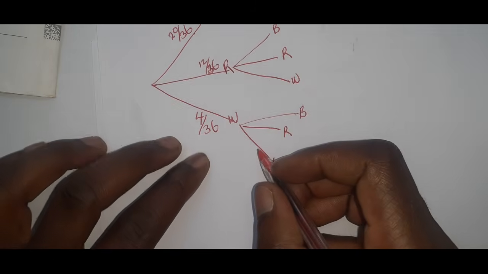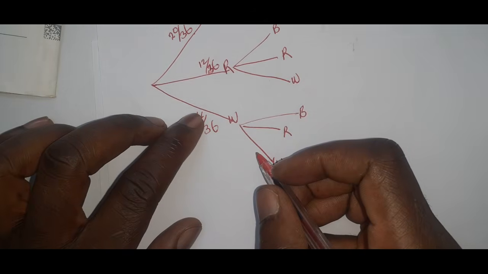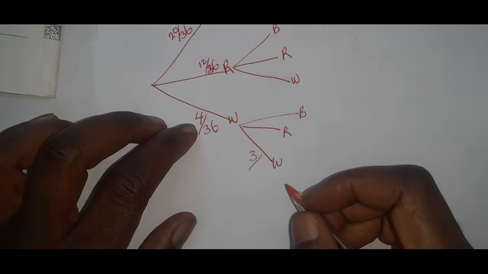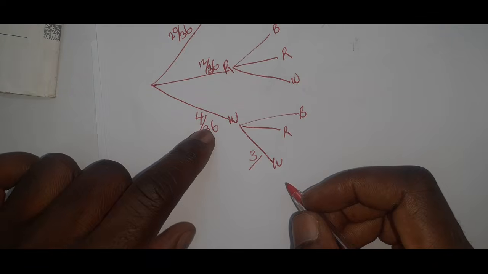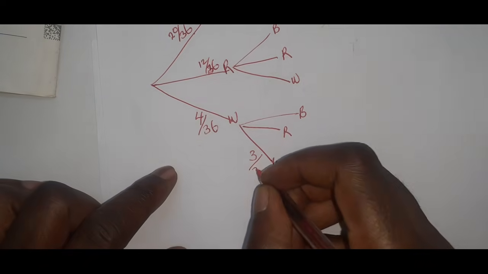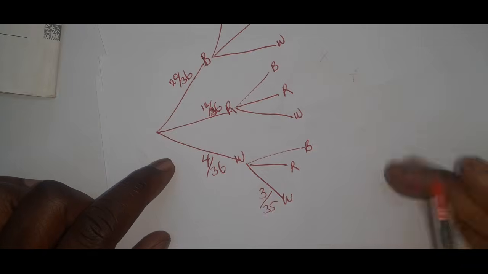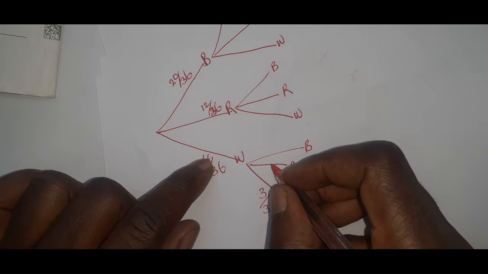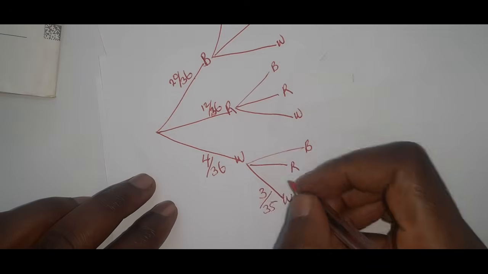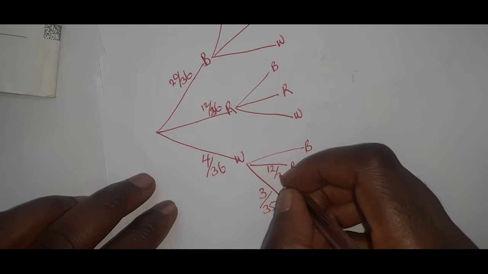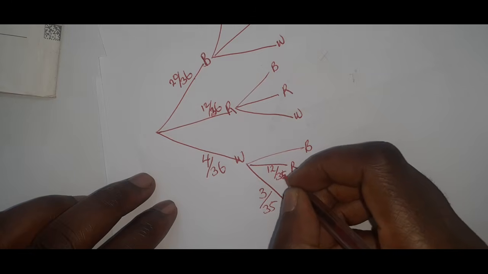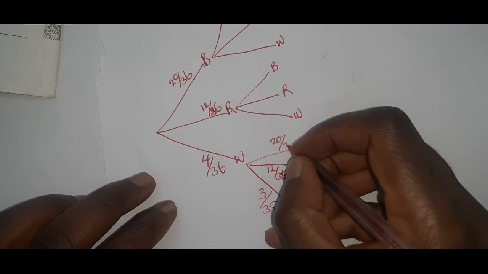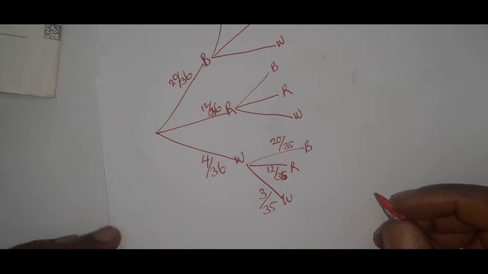The total number of white buttons has reduced from 4 to 3, and the total number of buttons in the box has reduced from 36 to 35. Those others do not change, because what was picked first is white. So for the red, they are still 12 over 35, and for the black ones, they are still 20 over 35.